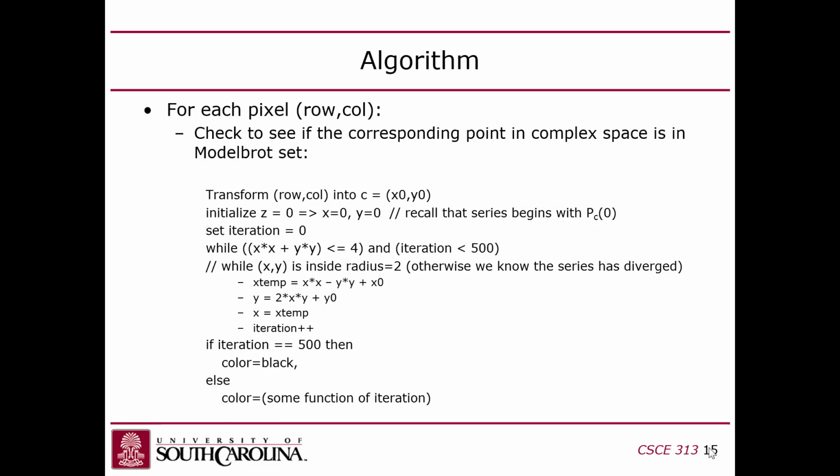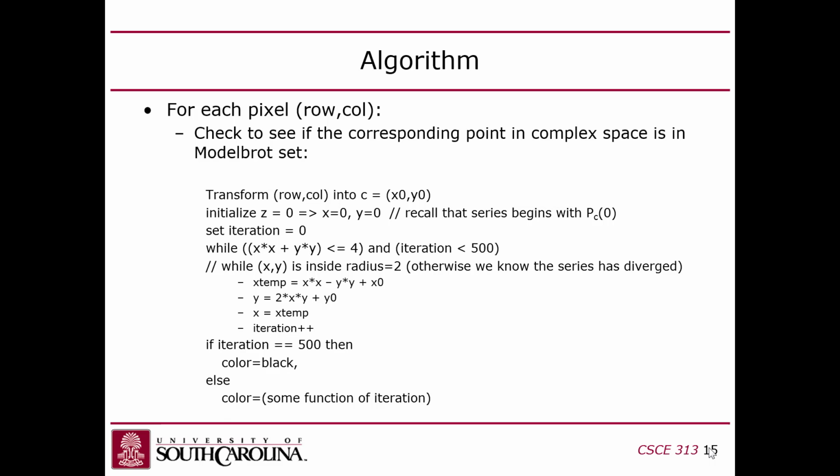Remember, when you square a complex number, the real component is going to be x squared minus y squared. And then you have to add x0, because remember, you have to add c, right?